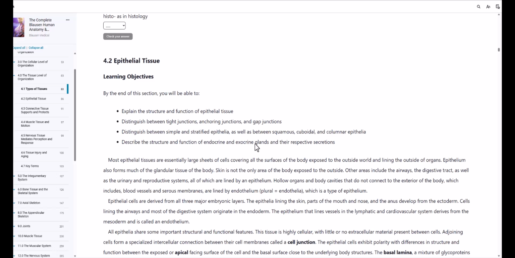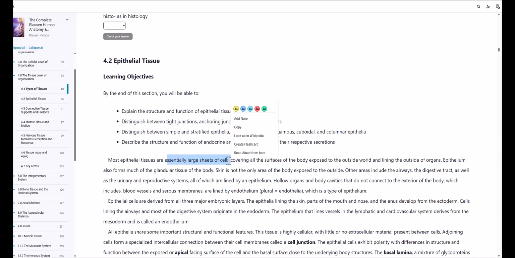First of all, and this will be reiterated in lab as well, epithelial tissues are most of the time large sheets of cells. Now, these are epithelial cells that make up epithelial tissues. We'll see that there are some extra special cells that appear in some of the epithelial tissues, but by and large, the cells in epithelial tissues are epithelial cells.